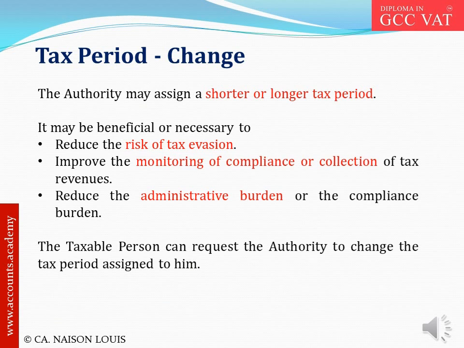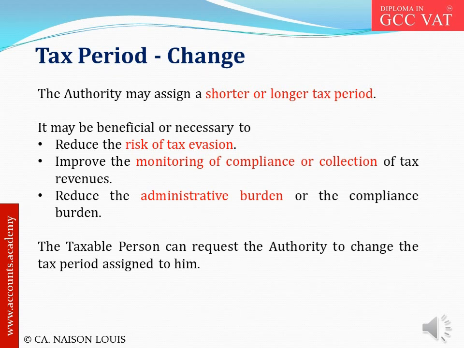Change in tax period. Sometimes the authority may assign a shorter or a longer tax period to a taxable person. The authority should feel that it is beneficial or necessary to do such a change. It can be for reducing the tax risk of tax evasion, or improving the monitoring of compliance or collection of tax revenues, or to reduce the administrative burden or the compliance burden.